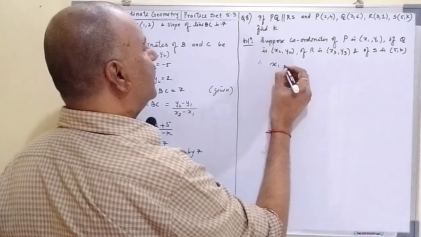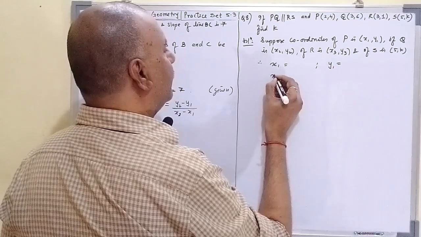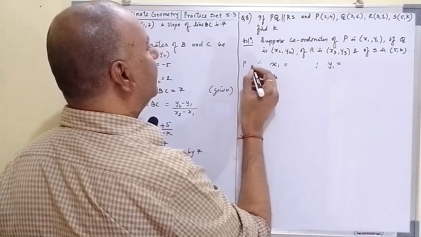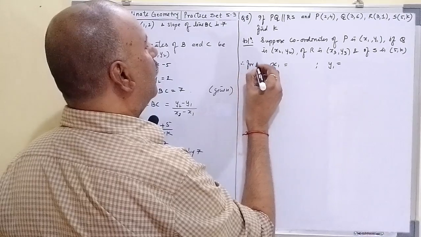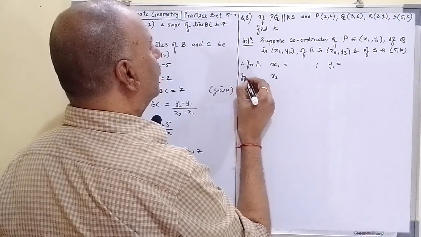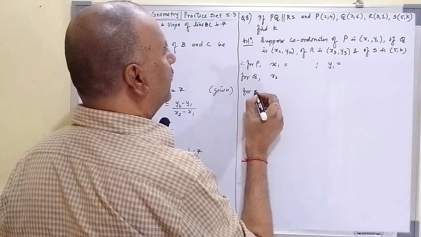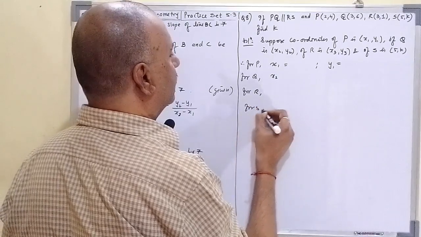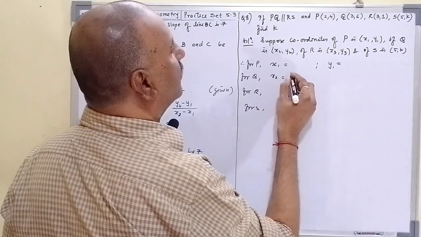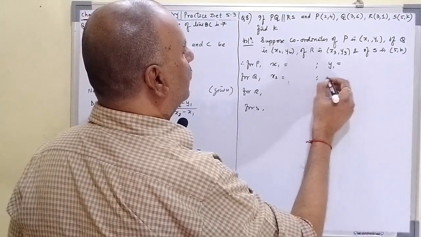Therefore, what is x1, y1 फाइंड करो. x ये P के लिए है. For P, for Q, for R, for S. sorry, x2 comma y2.